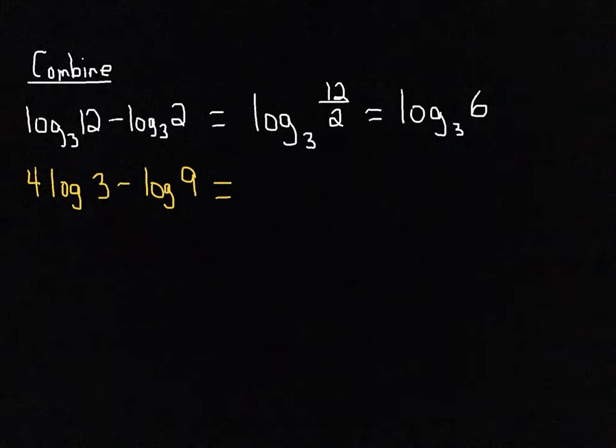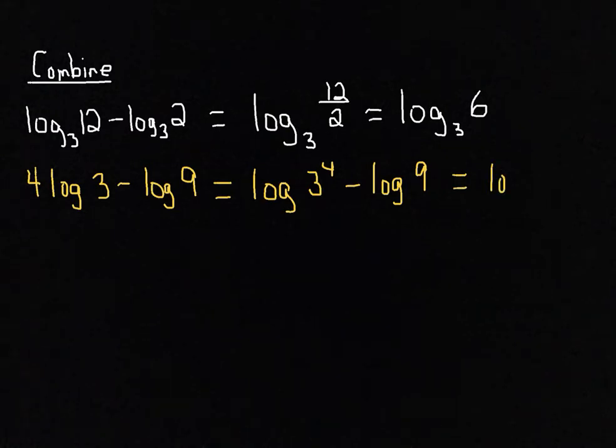In this example problem, we have 4 times the log of 3 minus the log of 10. Again, there's no base written, so it assumes that it's in base 10. Both of them are in base 10, so you can do this. So in this first part, since you have that 3 there, it's 3 to the 4th, right? Now, since they're being subtracted, they'd be divided.